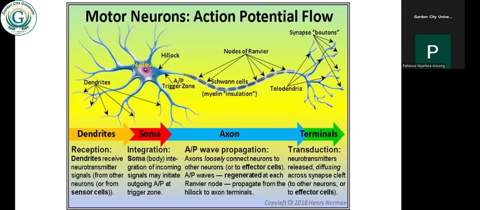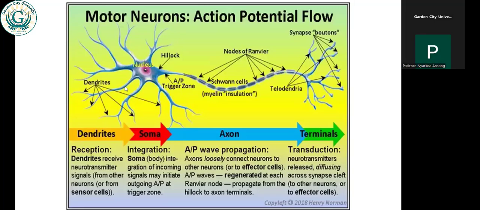Now, as the signal moves, we open more voltage-gated sodium channels. Sodium gets in, the membrane potential moves to a more positive value. So as this happens, it happens across the dendrites and then the cell body.